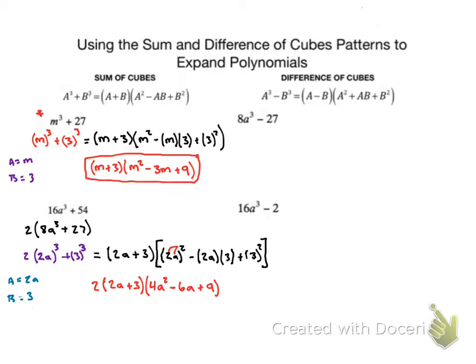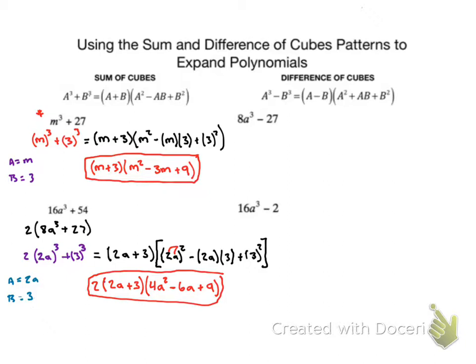If you check your work, you have 2a times 4a squared, which gives us 8a cubed. And remember, that gets multiplied by 2, which gives you the 16a cubed that we originally had. And your last term: 3 times 9 is 27, and it gets multiplied by 2. That gives you 54. So that's a quick way to check if you are doing it correctly. And that's your answer there.